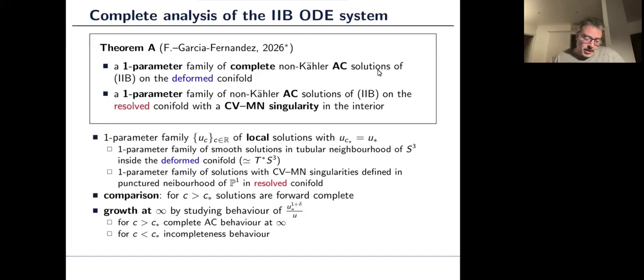All right, so that's where strategy one, looking for homogeneity one solutions, led us to these two interesting one parameter families of non-Kähler solutions that one can say interpolate between the Kähler ones and these.